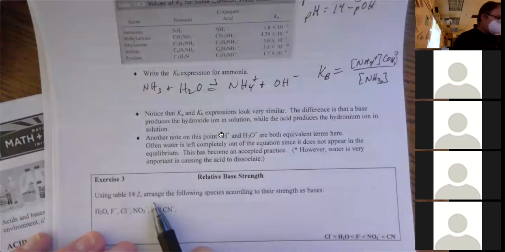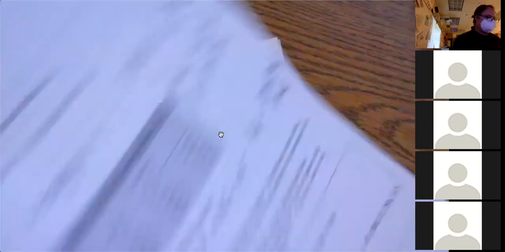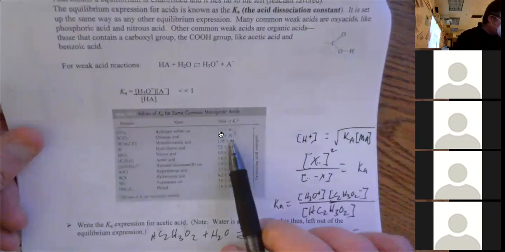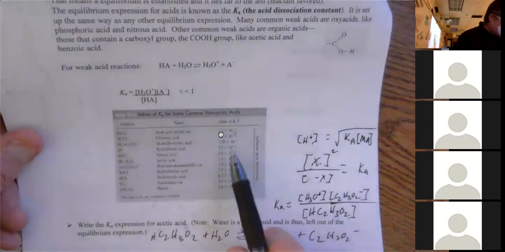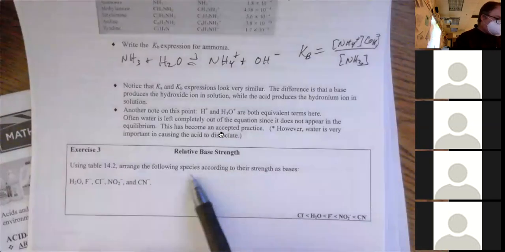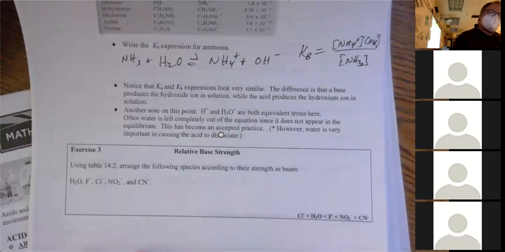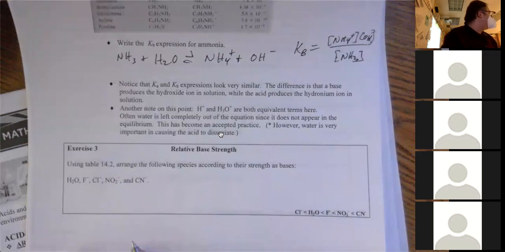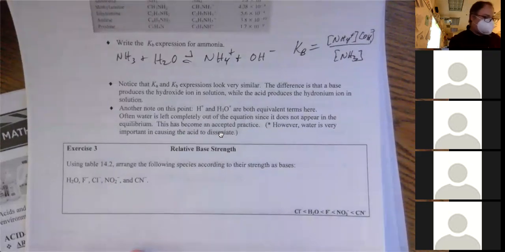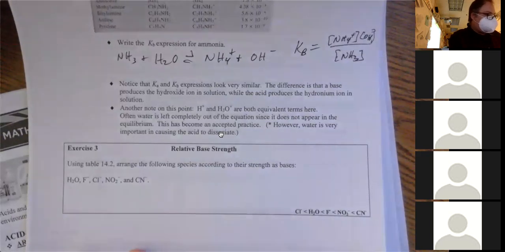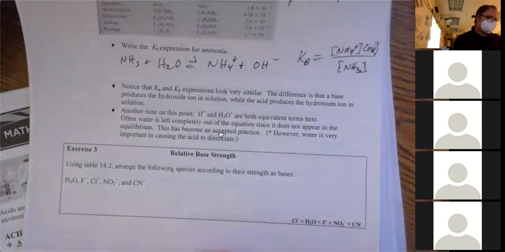So down here it says using table 14.2, if these are the acids, then arrange these species according to their strengths as bases. You know that the stronger the acid, the weaker the conjugate base, and the weaker the acid, the stronger the conjugate base. So you should be able to check those out and figure those out.